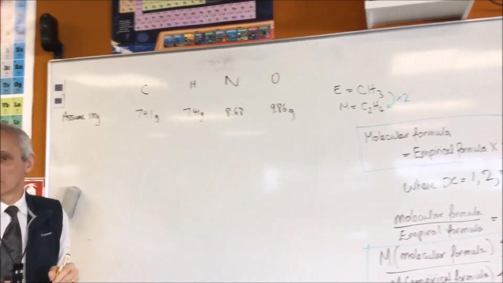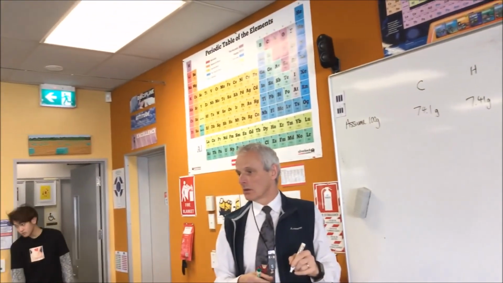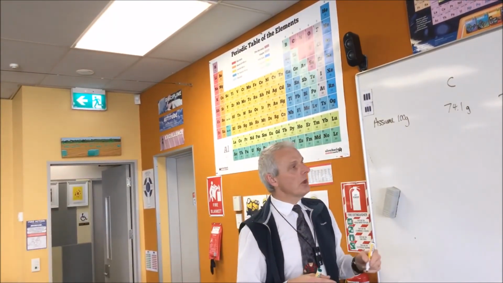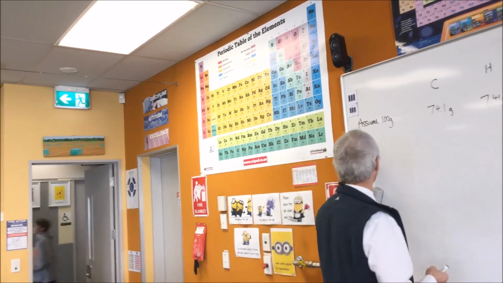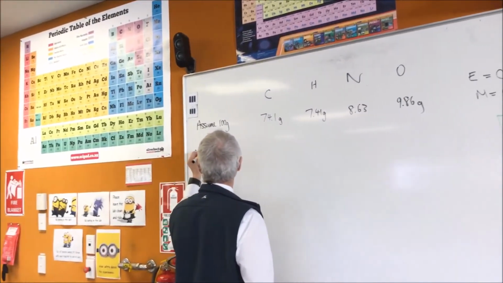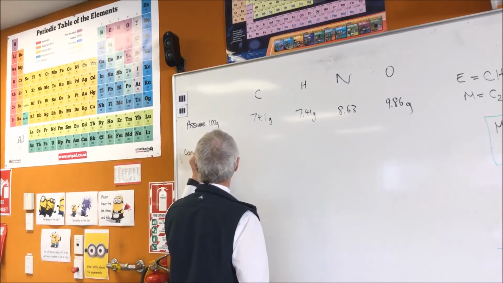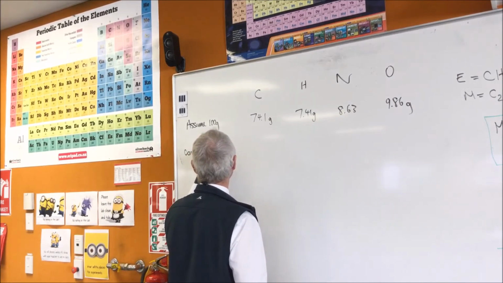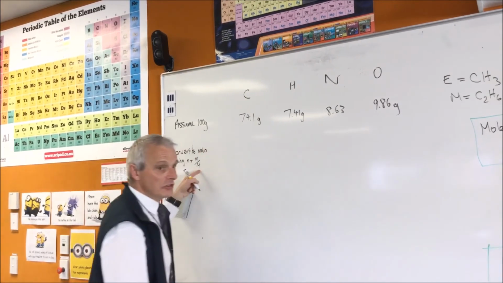Now what do I do? So I divide by the atomic mass. Why am I doing that? Good. So convert to moles using n equals little m over big M, where big M is the atomic mass.